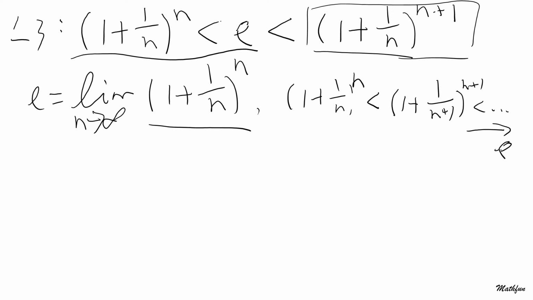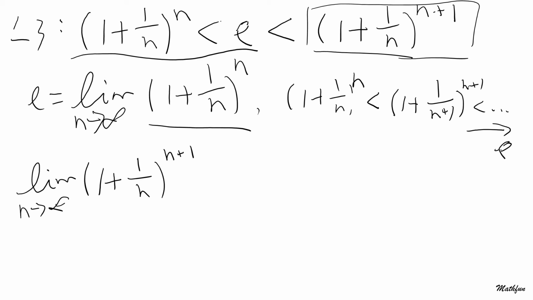So that means it has a limit, because of the monotone convergence theorem: when it is bounded below and it decreases, it will have a limit. So let's call the limit of this item. And we know, like we said just now, the limit is this. Well, this one obviously is the same as this, isn't it?